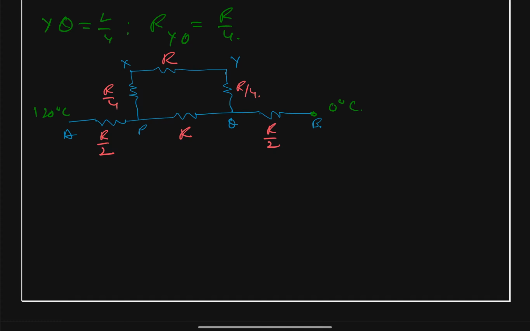Let us find the equivalent resistance between P and Q using this loop.